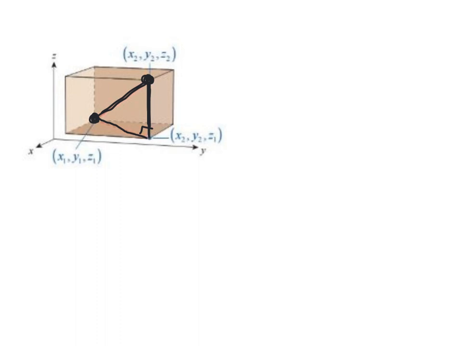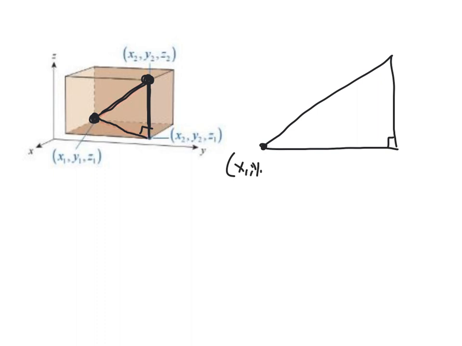And so we can draw the right triangle over here outside of our picture. This point here is x1, y1, z1. This point up here is x2, y2, z2.